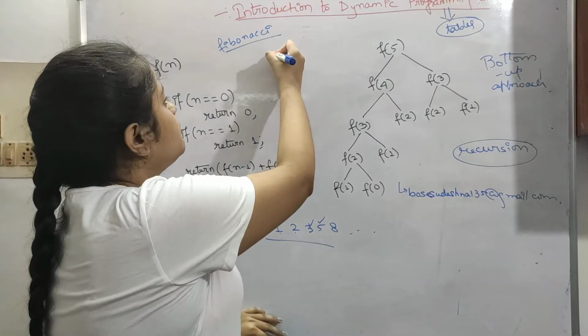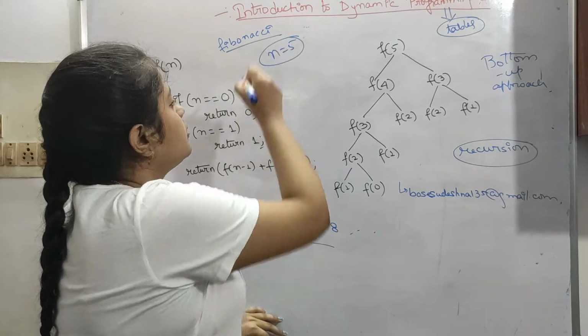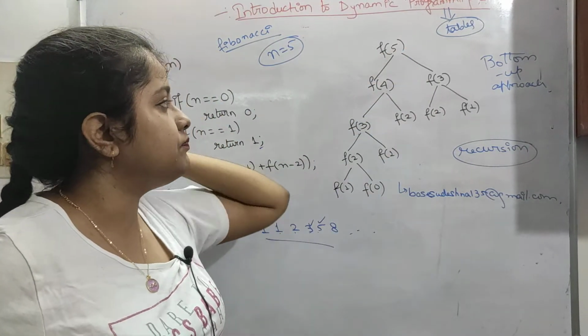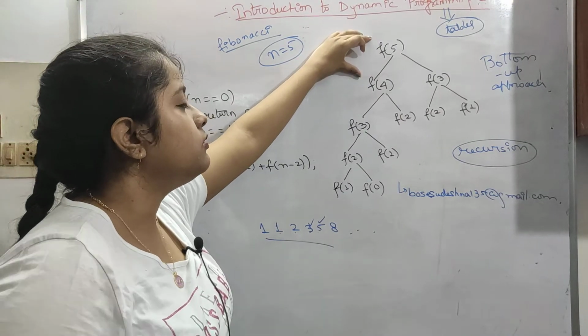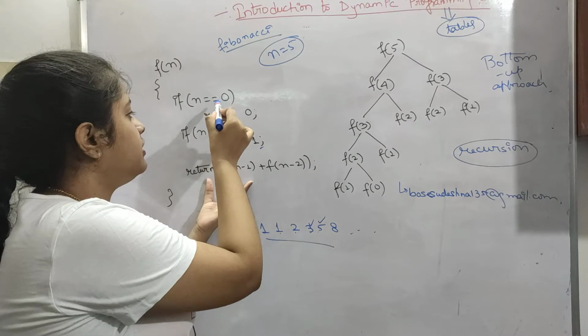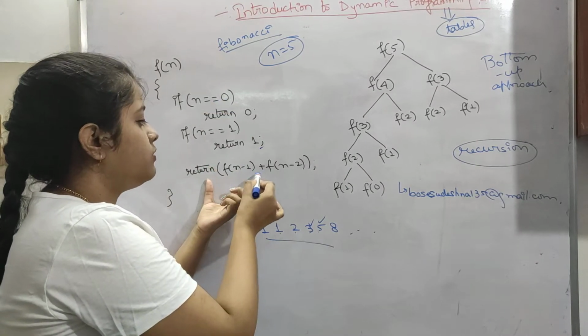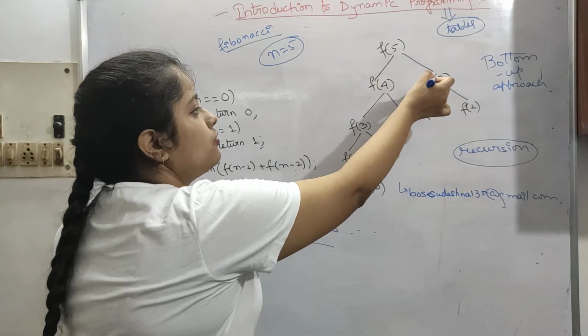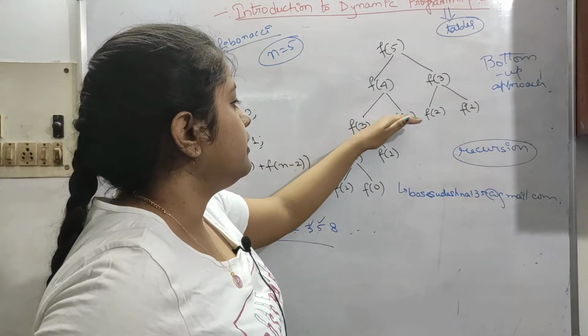So here n equals 5. We have taken n as 5. Now we have to draw this recursion tree. So f of 5: f of 4 is called, f of 3 is called, and the addition of these two. Then again recursively it will call.